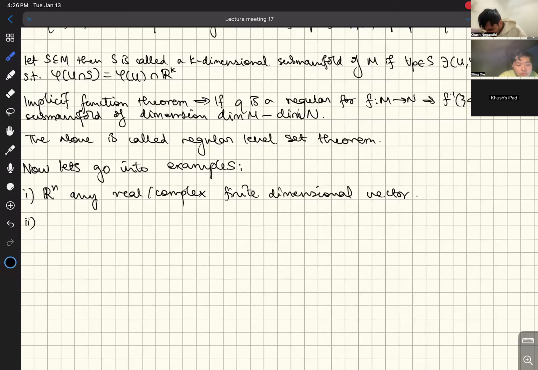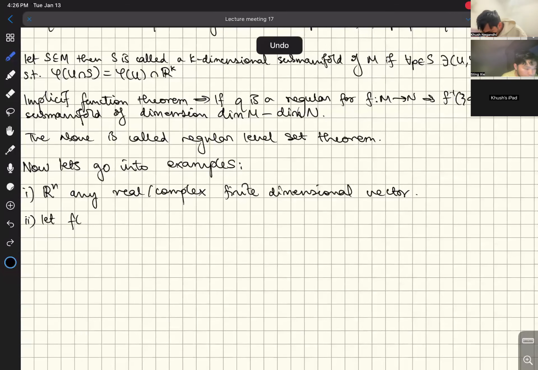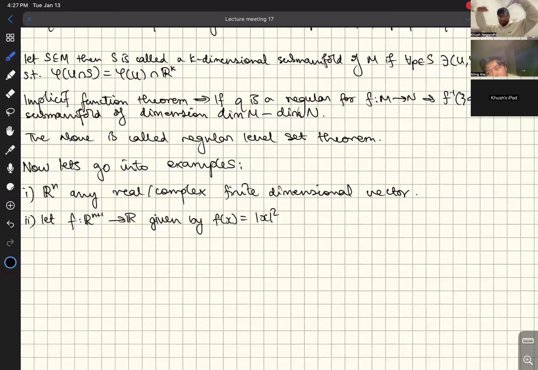So let f go from R^(n+1) into R, given by f of x equal the norm of x squared. This function is smooth almost everywhere. It isn't smooth at 0 because it comes into a cusp, but we don't care about that, so let's just pretend that point doesn't exist.